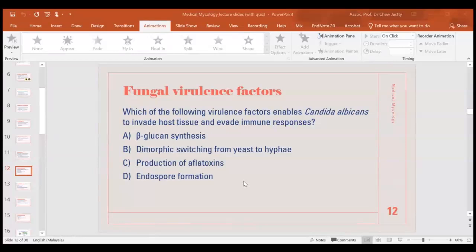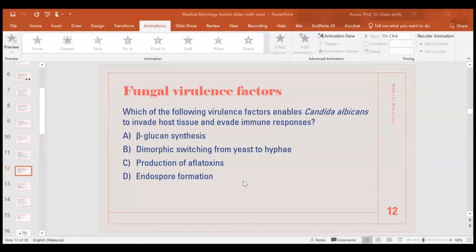So Candida albicans is a yeast. It is one of the unique Candida that can transform into mold structures. So beta-glucan synthesis is not part of the virulence factors of Candida albicans.